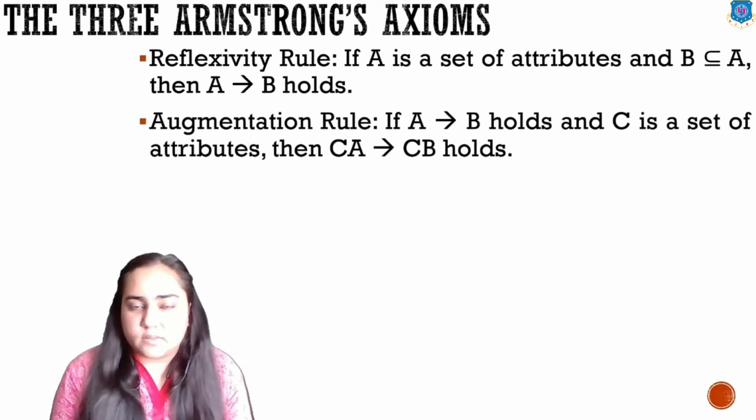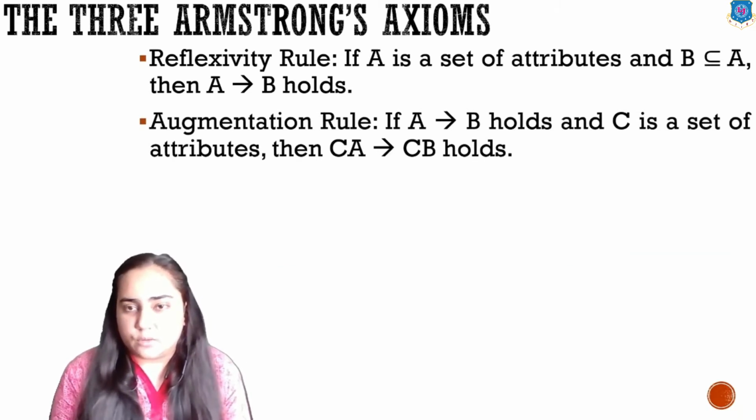The augmentation rule says that if A determines B holds and C is a set of attributes, then you can augment, which means you can attach C on both the left and right sides of the functional dependency and make it CA determines CB. And C can be either one attribute or a set of attributes.